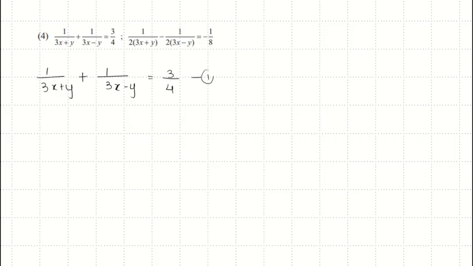Mark this as equation 1. The second equation is 1 upon 2 into 3x plus y minus 1 upon 2 into 3x minus y is equal to 1 upon 8. Mark this as equation number 2.